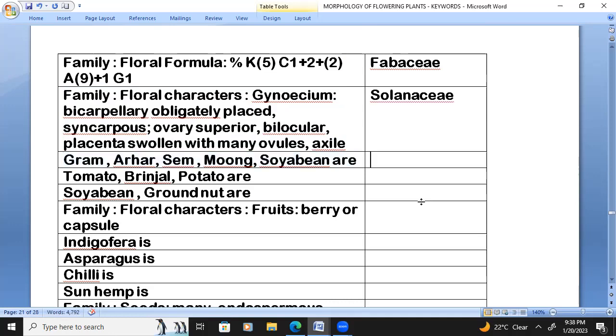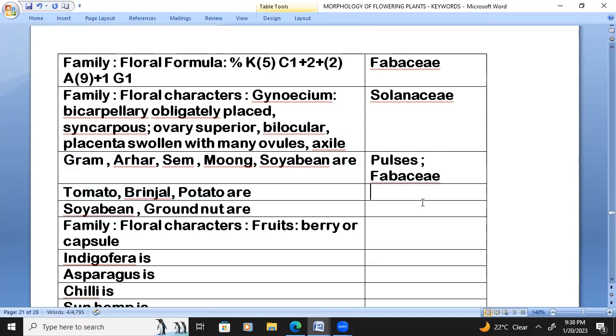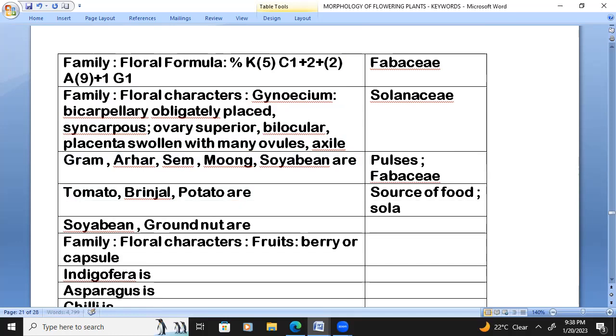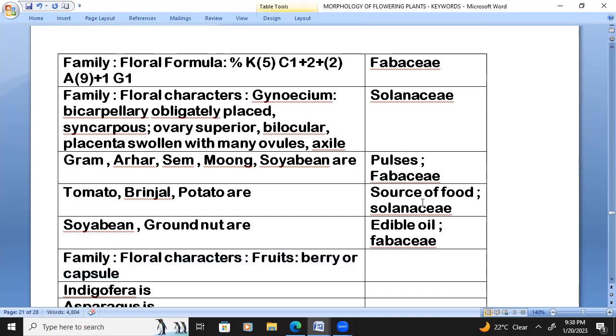Gram, arhar, sem, moong, soybean are pulses, Fabaceae. Tomato, brinjal, potato are sources of food, Solanaceae. Soybean and groundnut give edible oil, Fabaceae. Fruit berry or capsule, Solanaceae.